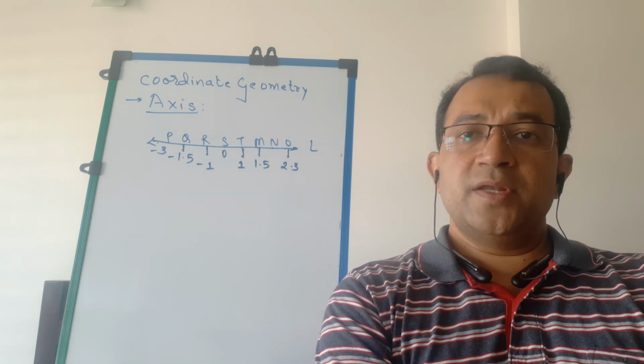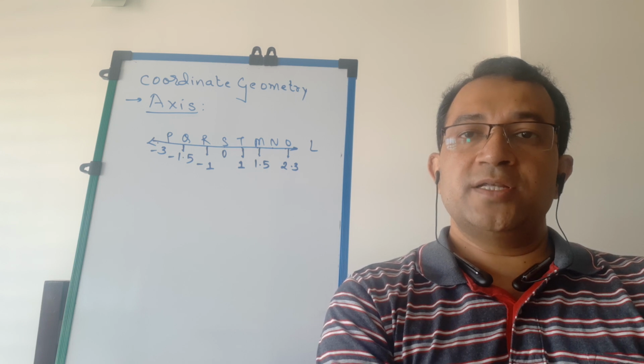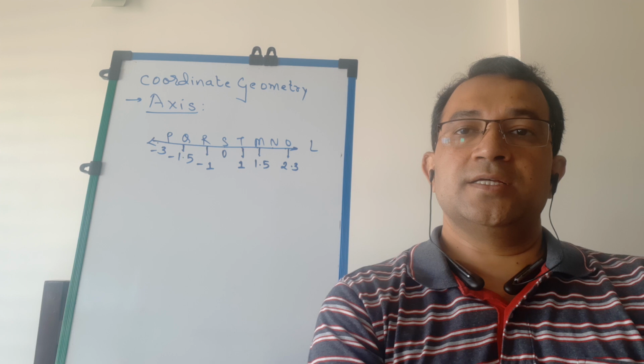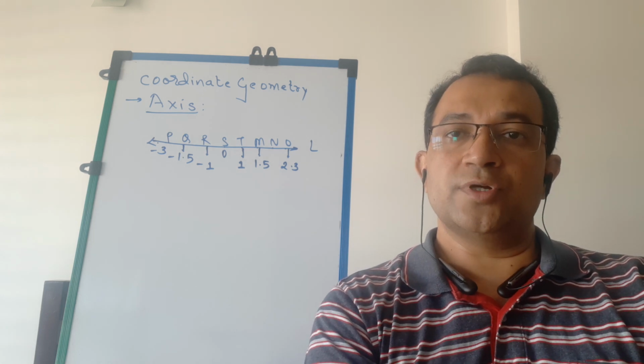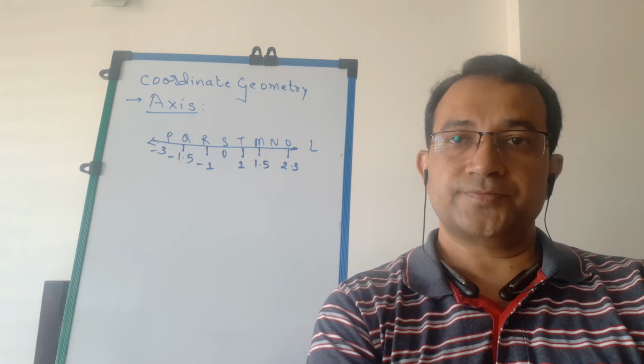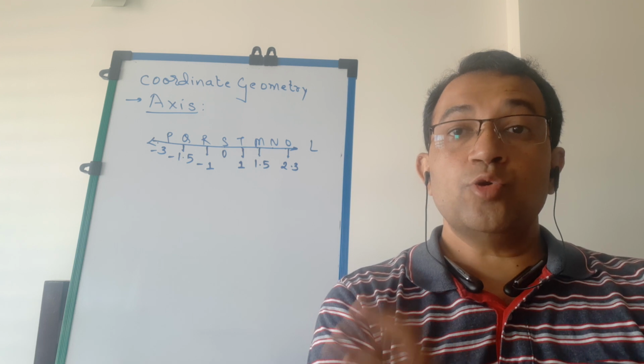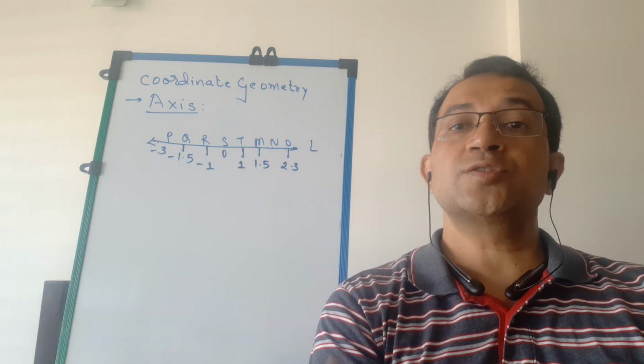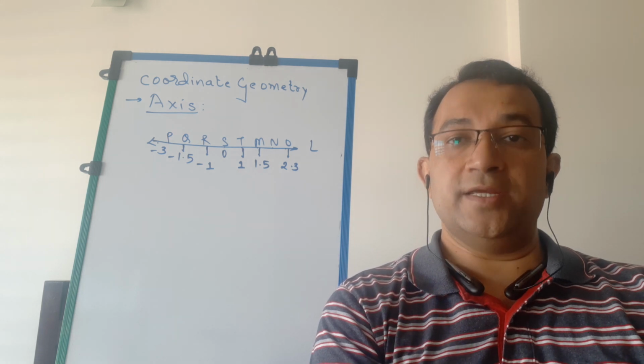So if I simplify and summarize, geometry is dealing with sides, angles, and the other concepts and components of sides and angles. Whereas coordinate geometry is studied along with coordinates of points specified.